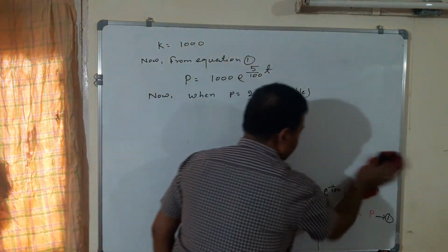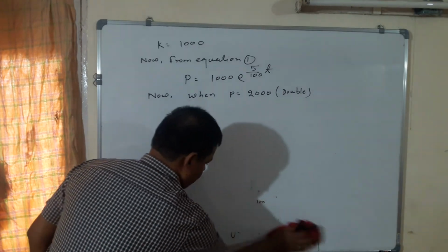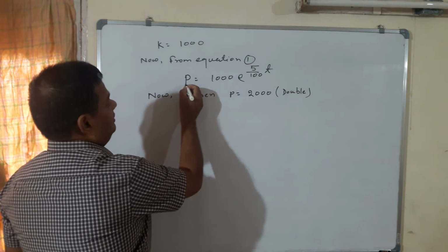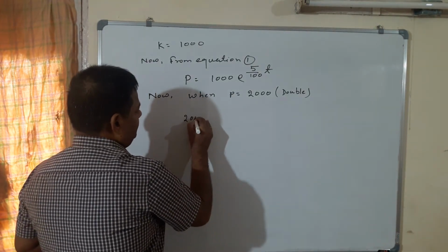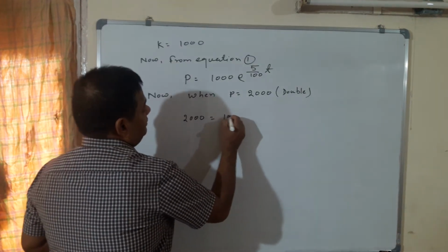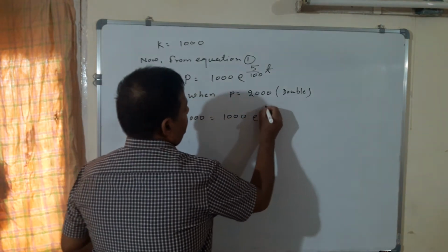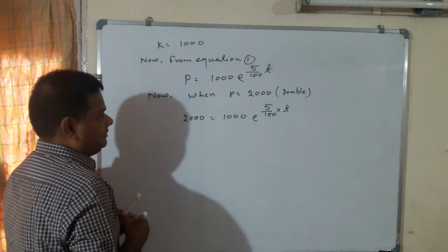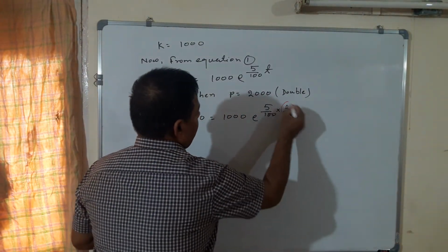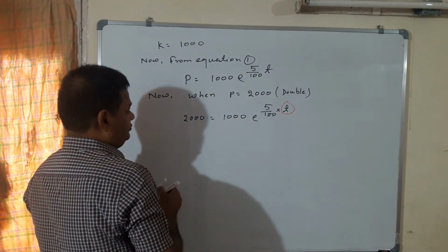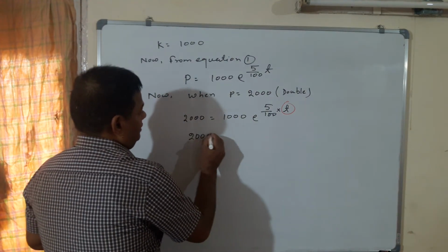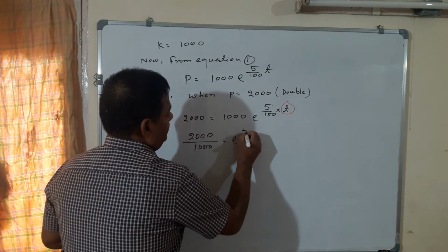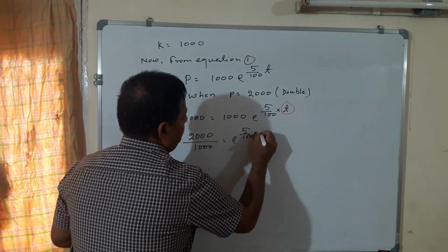So see here, when it will become double, P is equal to 2000, and here 1000 e raised to the power 5 by 100 into t. Our purpose is to find t. So 2000 divided by 1000 is equal to e raised to the power 5 by 100 into t.